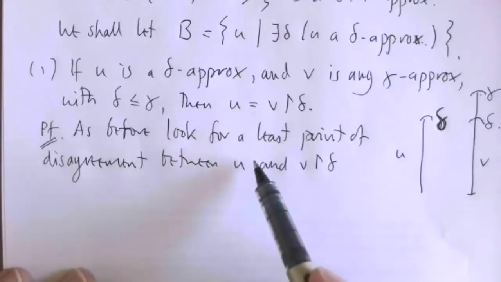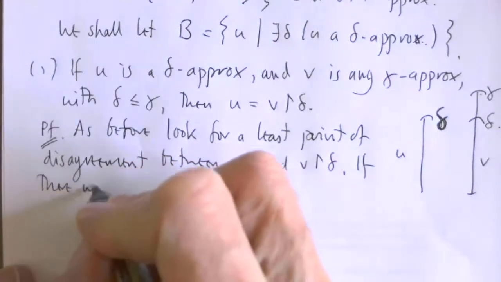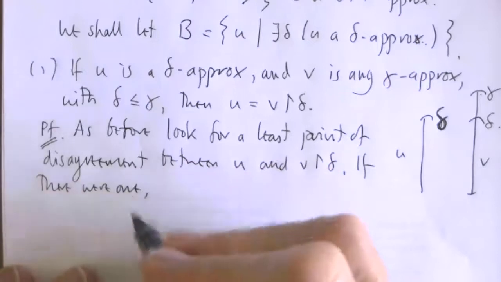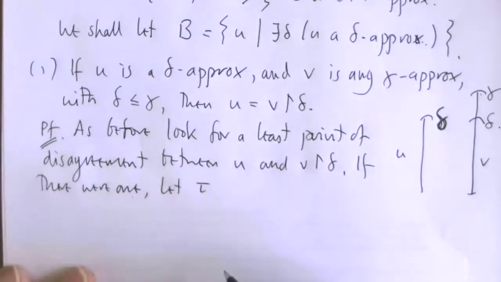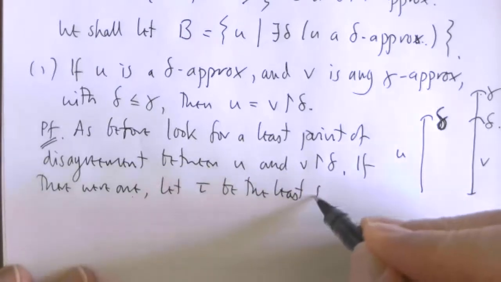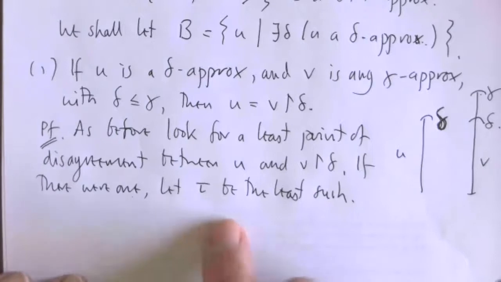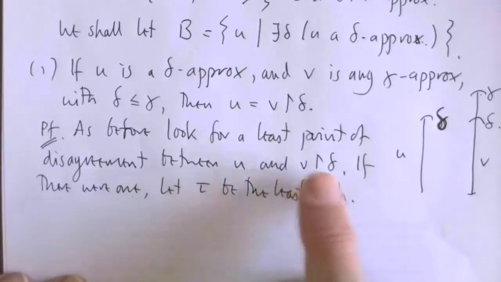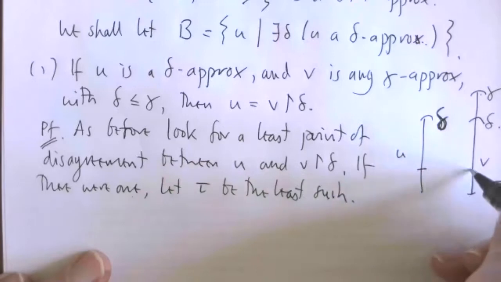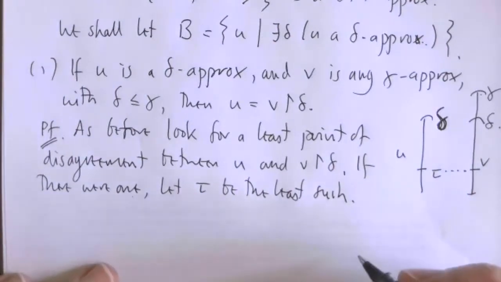The claim says there aren't any, but let's suppose there is one. So if there were one, let Tor be the least such. Now I can say least such because I know that the ordinals are well ordered. In particular, the ordinals below delta are well ordered. So if there's going to be a point where they're different, there's going to be a least point where they're different. So this will give us our contradiction.